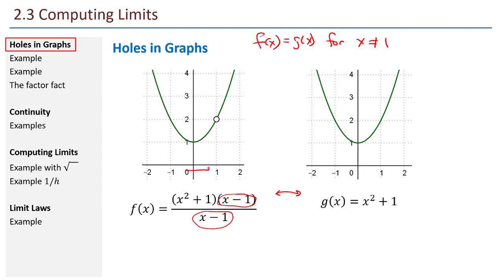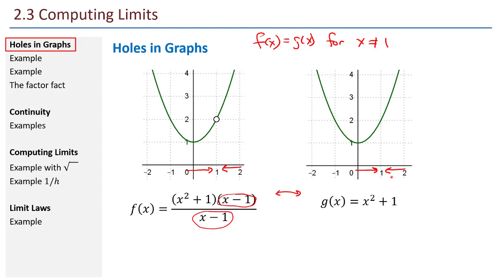As x approaches 1 from the left in f, that's exactly the same thing as when x approaches 1 in the function g. And when x approaches 1 from the right in f, those values are exactly the same as when x approaches 1 from the right in g.